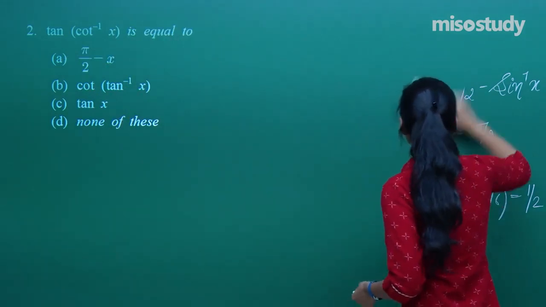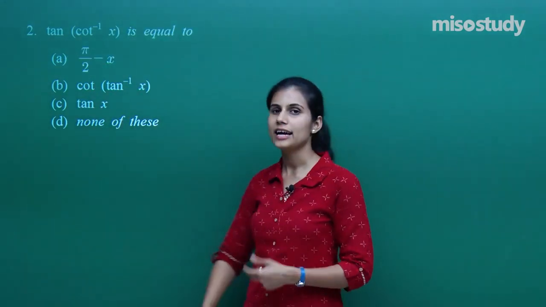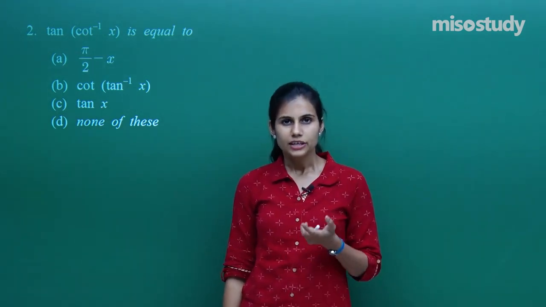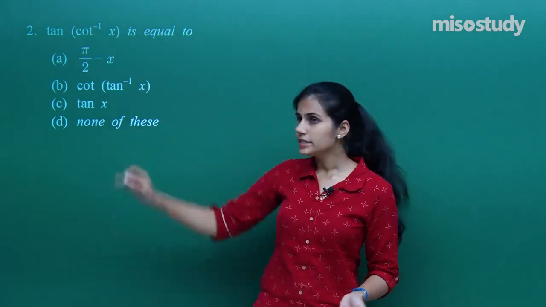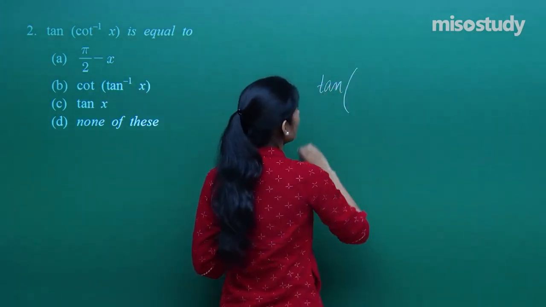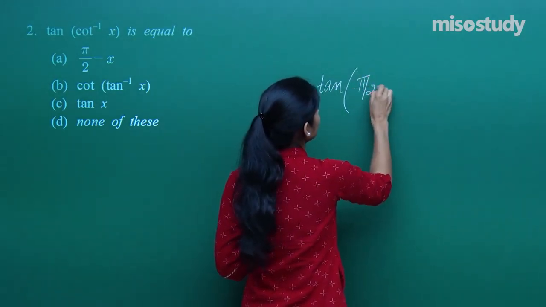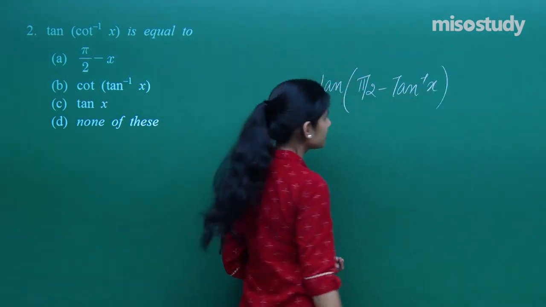Okay. So again, if I talk about the very same property, tan inverse and cot inverse connection, it reminds us that tan inverse x plus cot inverse x is pi by 2. So cot inverse x can be connected to tan. How? I can write cot inverse as pi by 2 minus tan inverse, right?